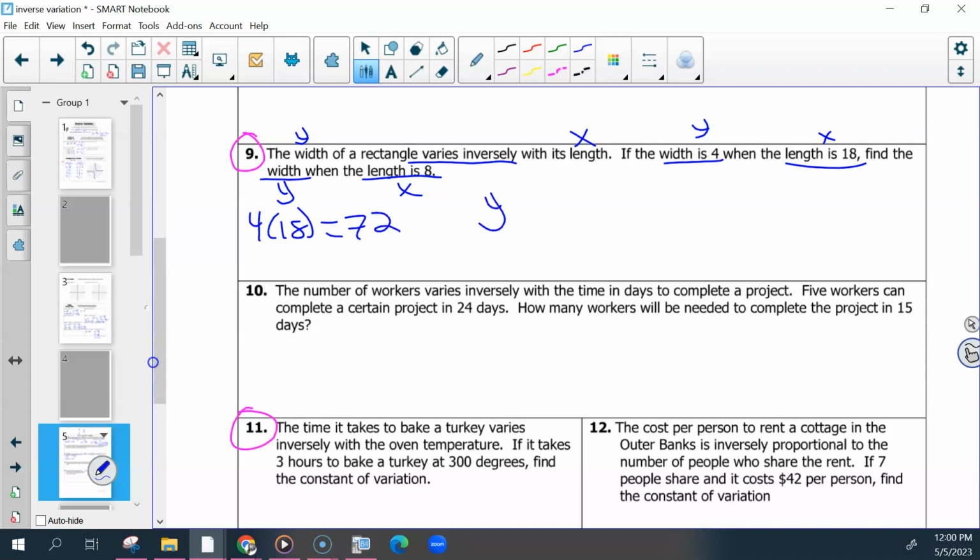Put that in your equation. We are again looking for y, put in x. What's your y value? Should be a whole number. It's fine. For this one, there isn't any unit of measurement, so you can say 9 units. You can say the width is 9.